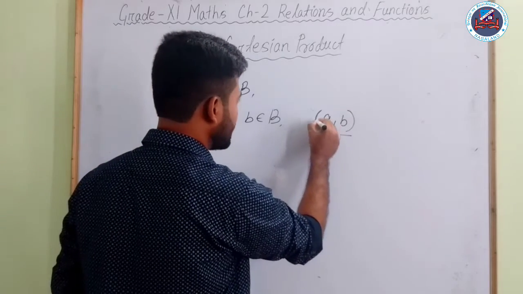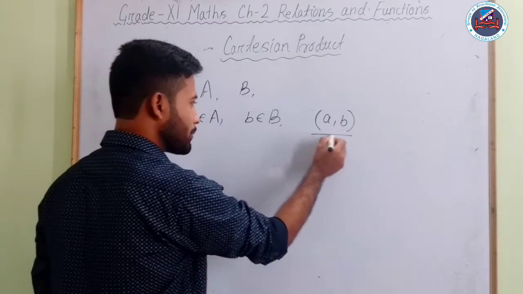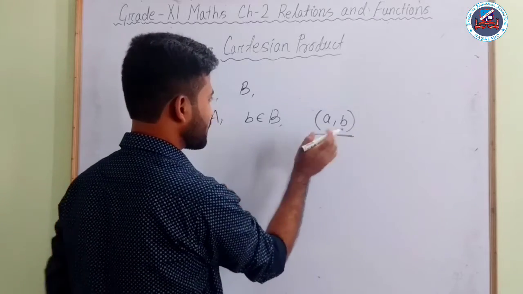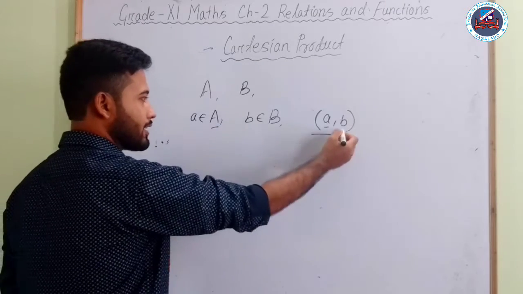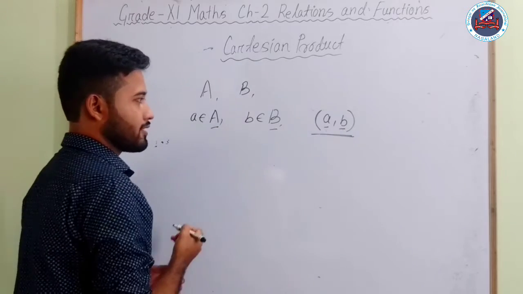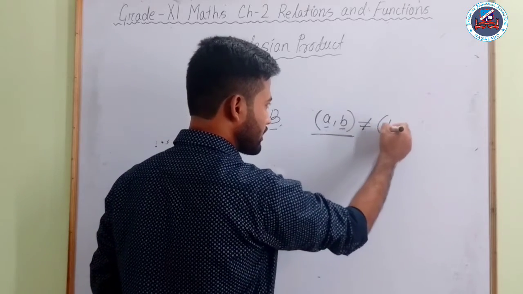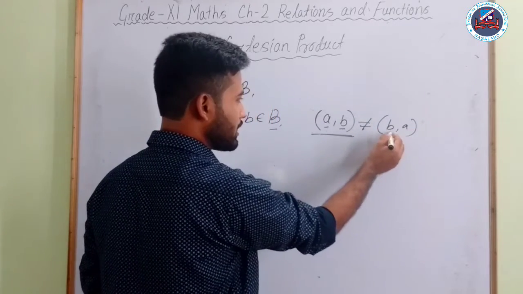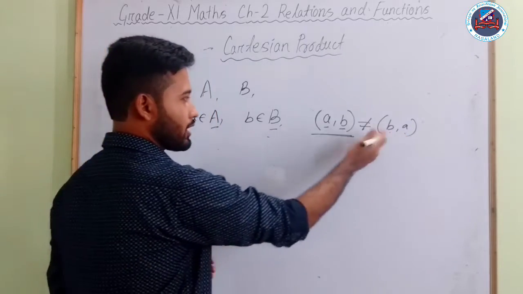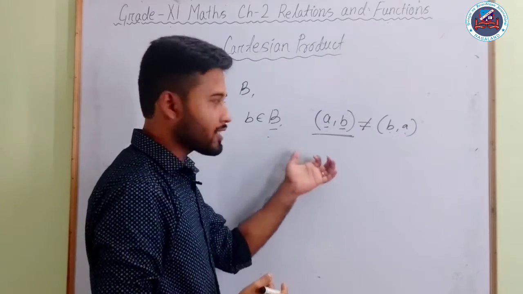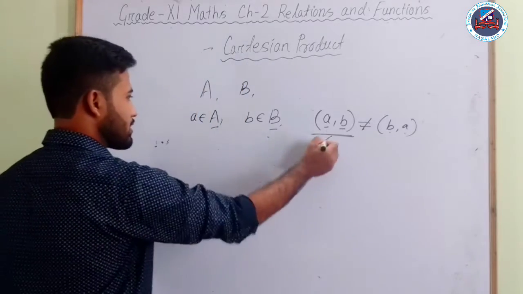I say ordered pair because in such pairs the first element will always come from the first set and the second element will always come from the second set. So clearly (a, b) is not equal to (b, a), because here b is from the second set and a is from the first set. The order has been changed, so in such a case these two are not the same.